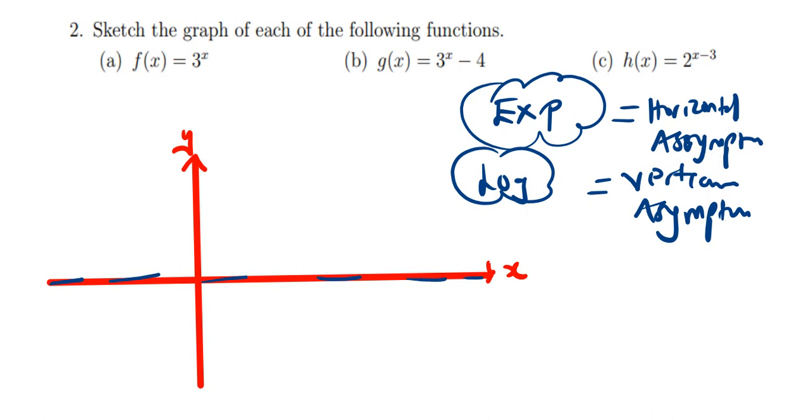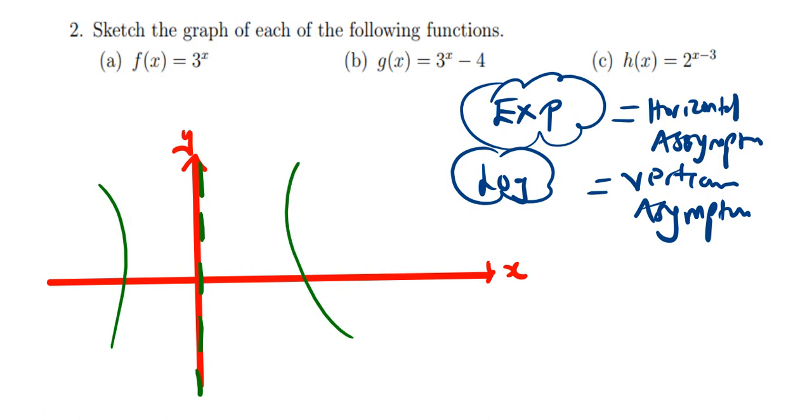If you're solving a basic exponential function, your graphs are either going to be in this region or in that region, never touching the middle part. Then on the other hand, for logarithmic functions, the vertical asymptote, the y-axis, you're not supposed to touch this unless there's a shift. So your graphs are going to fall in these regions like that.